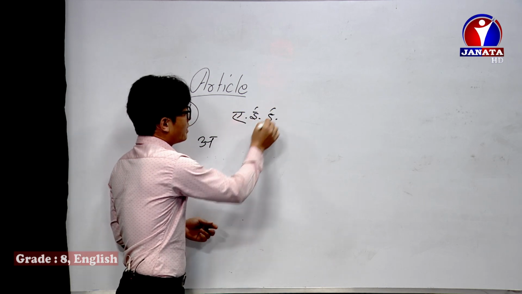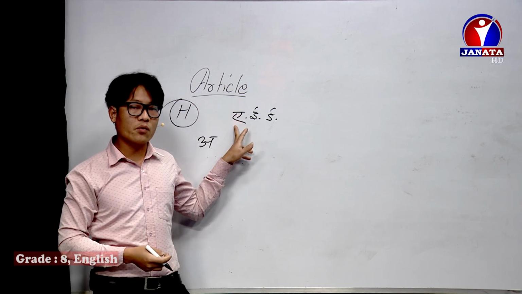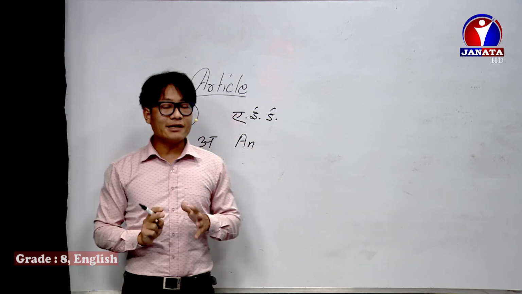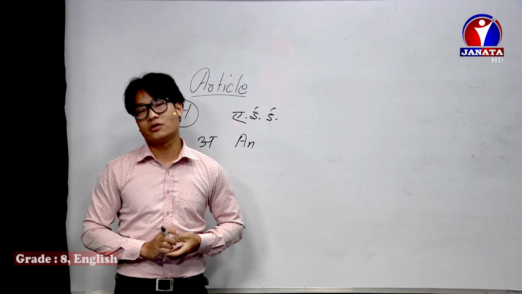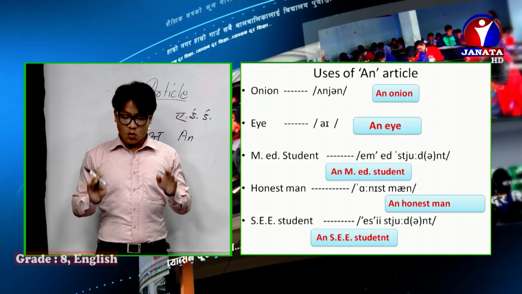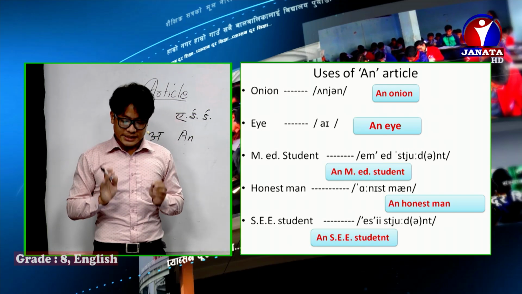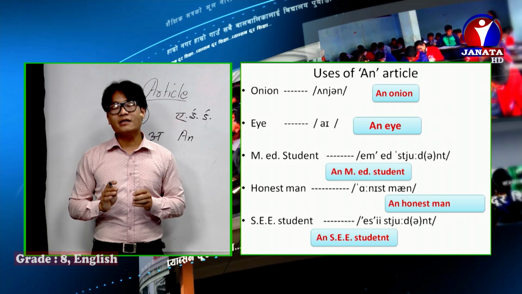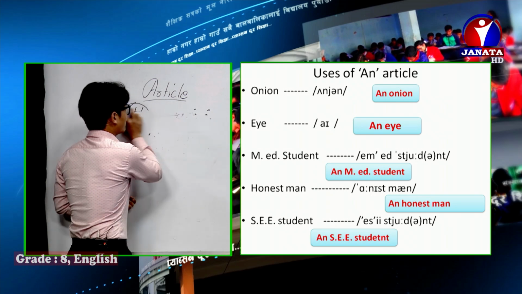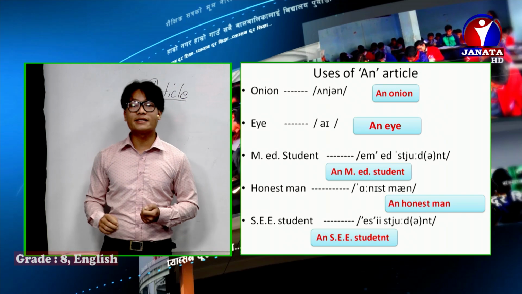So this sound is a vowel sound, so we are going to use an indefinite article. You can see in the slide too. So I hope you are clear that a vowel sound takes an indefinite article. Now we are going to start a indefinite article.